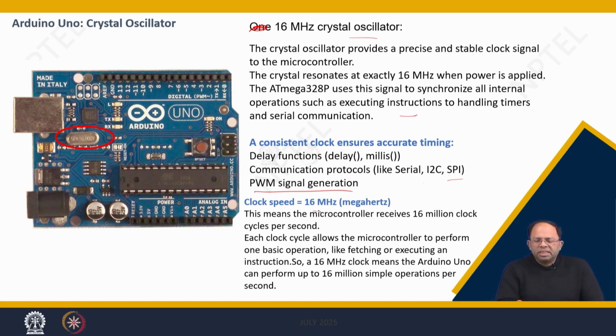The clock speed 16 megahertz also means that the microcontroller receives 16 million clock cycles per second, right? That vibration, and each clock cycle allows the microcontroller to perform one basic operation like fetching or executing an instruction. So a 16 megahertz clock means that Arduino Uno can perform up to 16 million simple operations per second in this particular case.